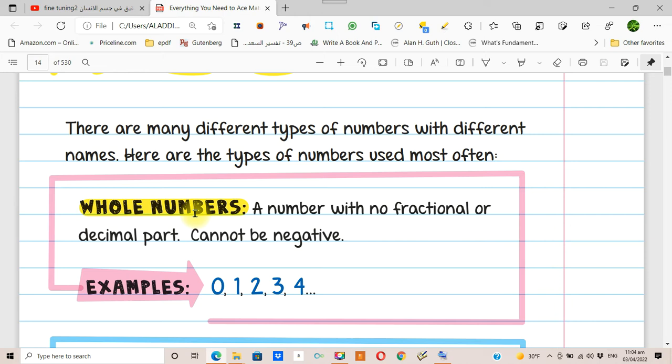As you see on the screen, it starts with 0 and it goes up: 1, 2, 3, 4, 5, 6, 7, 8, 9, 10. This is the meaning of whole number as you see on the screen. You need to know this because this is part of the language of math.